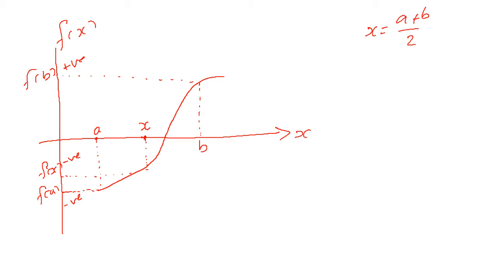Our previous interval AB was this. Now you can halve the interval by choosing this one.